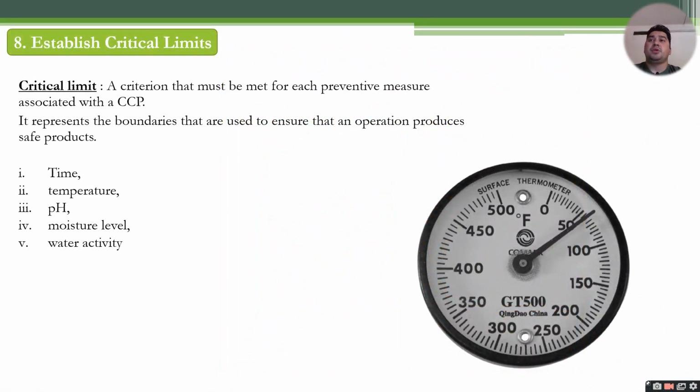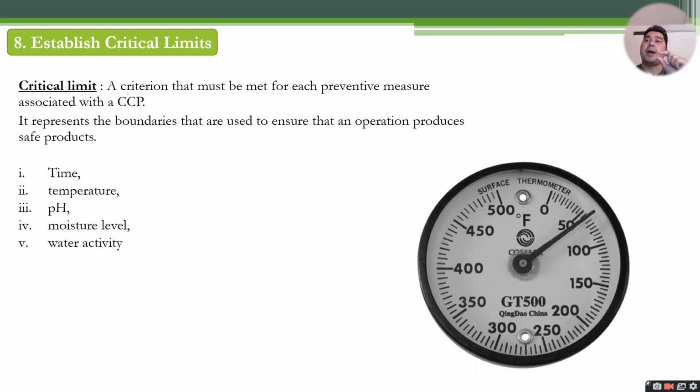Whenever you are establishing any critical limits, they should always be in numbers, not in words. Like, let's say food should be cooked properly. But how will you measure that the food is cooked properly? At what temperature? So it should be a number. The critical limit decides the boundary from acceptable to unacceptable.